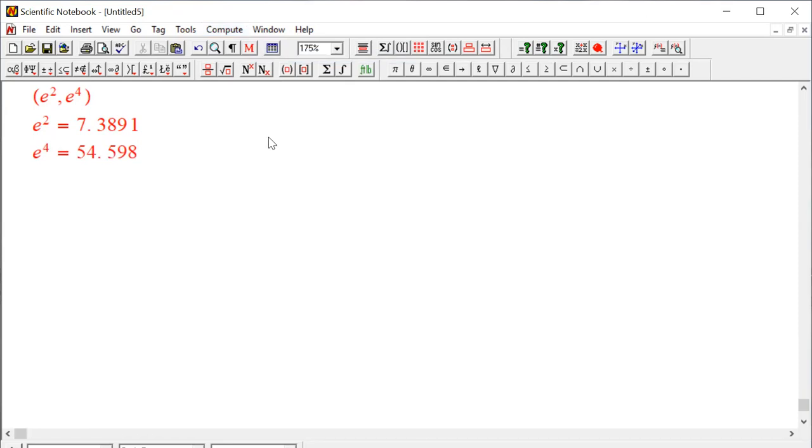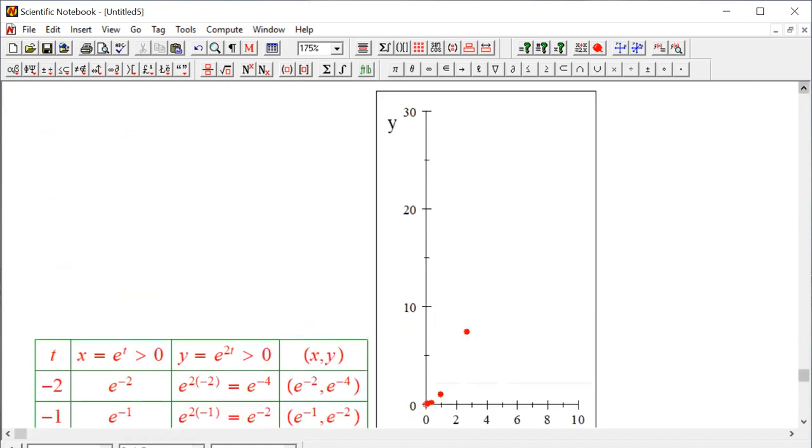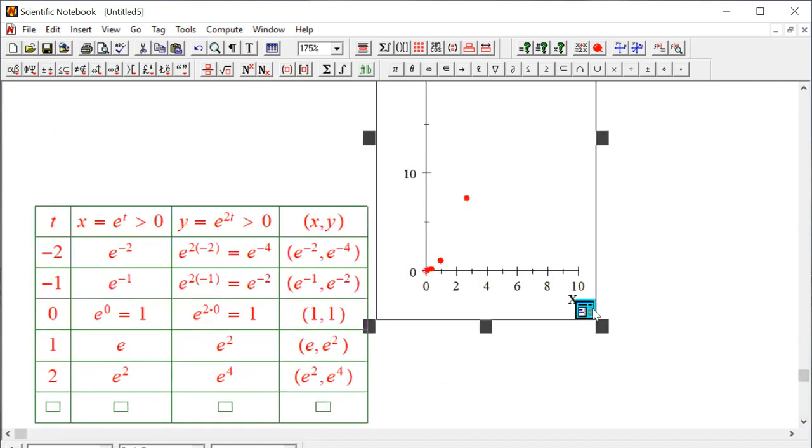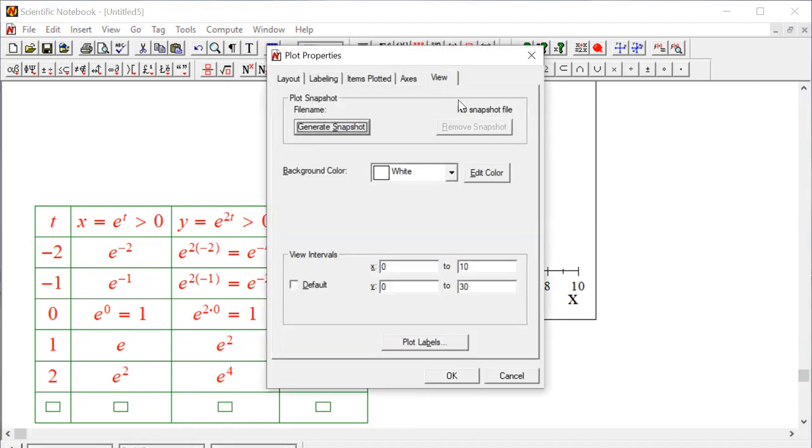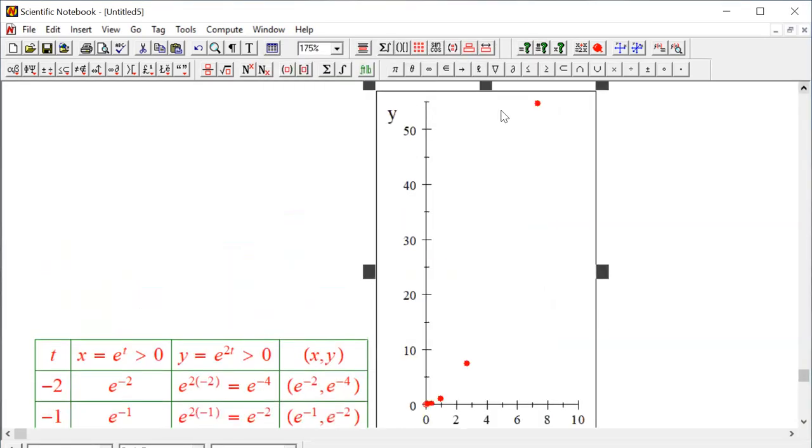Oh, 54, that's why my estimate was not enough. I only have 30, that's why. Sorry about that, guys. So I need to make this 55. There we go. So this time we should see that point way up there, right? So I think that's enough, right?